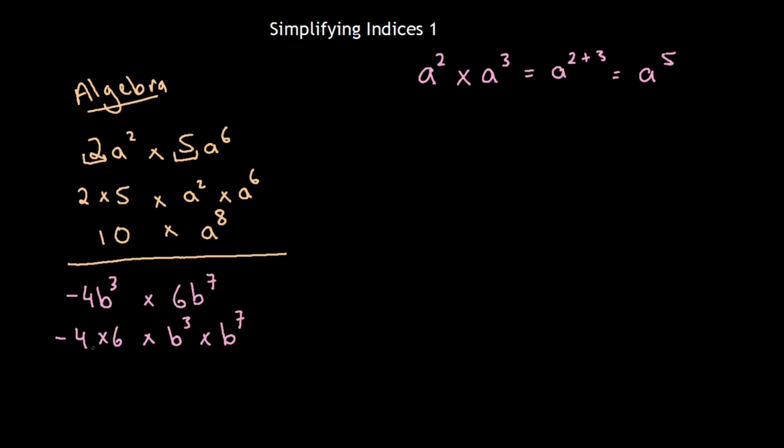Right, negative numbers. Negative 4 times 6, that makes a negative 24. If you're unsure, you can have a look at my other video on negatives. I will be uploading it soon. I'm going to times by b, and I'm going to add the powers, so that'll be 10. Okay, and that's it, you leave it as there.